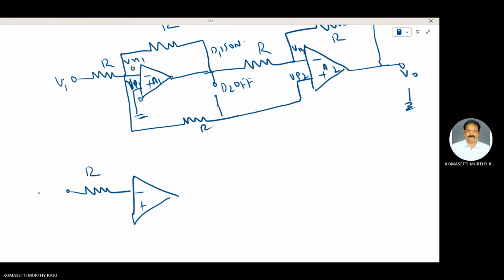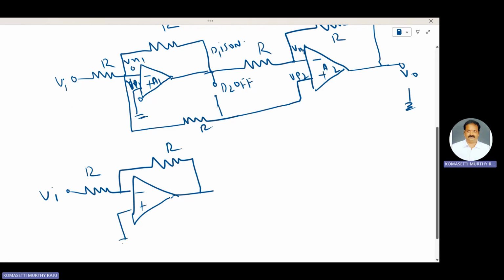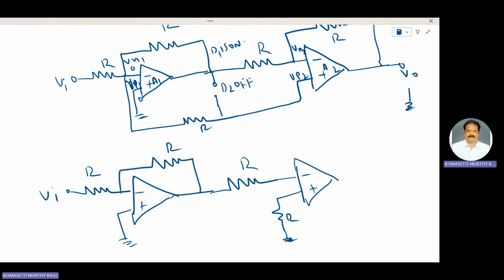R, Vi. This one is R. This one is connected to ground. Another R. Negative, positive. And this one is connected to R and ground here.